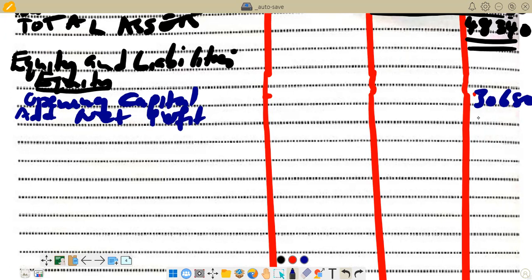So we can skip that one. Then we have got the figure of net profit, according to the income statement that we prepared. We got that figure, 10,760, as net profit, and then obviously we add here. So when you add there, you're supposed to get 41,440.